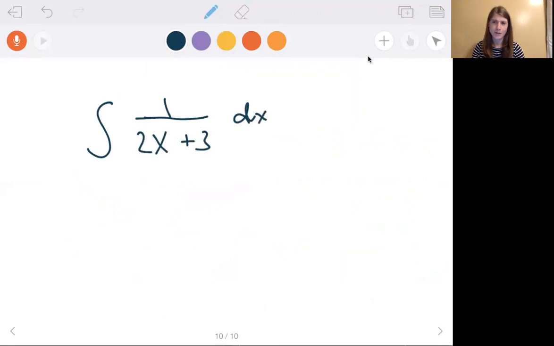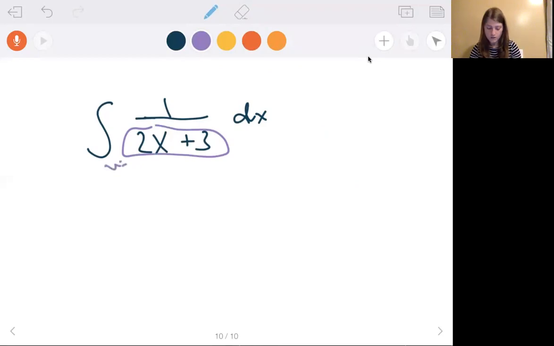Now, this one may be a little bit easier for our brains to think of because it looks a little bit more like that 1 over x. It's a variation of 1 over x. So we don't really have a numerator that we need to worry about pulling out, but we do have this idea of an inner function. It's just that it is all on the bottom.